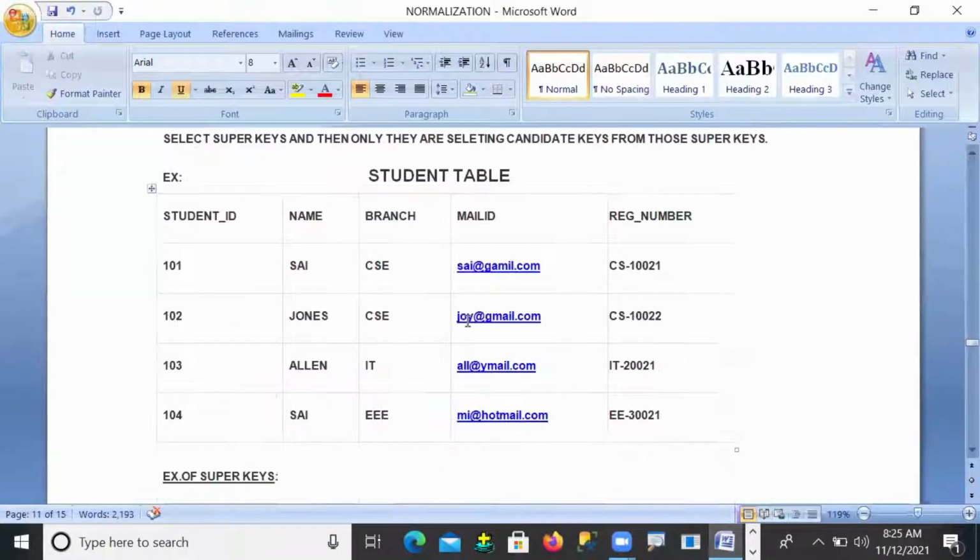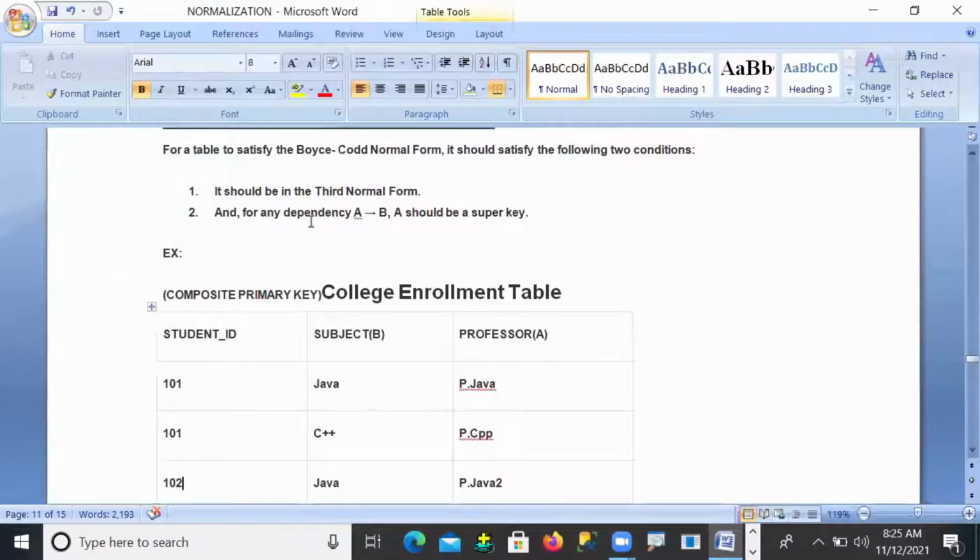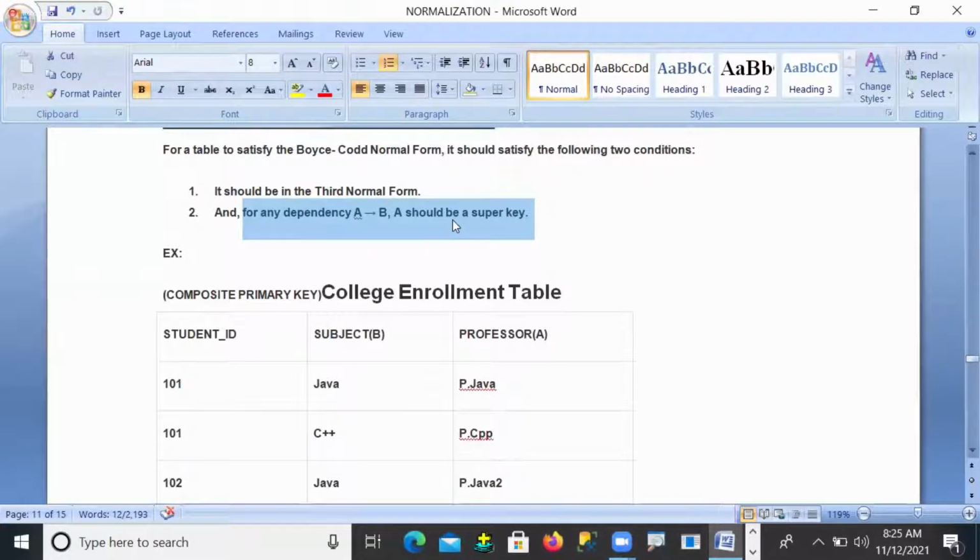So finally, here you just tell me. In Boyce-Codd normal form, what we said in the second condition is that for any dependency A to B, A should be a super key. Understand my point here?